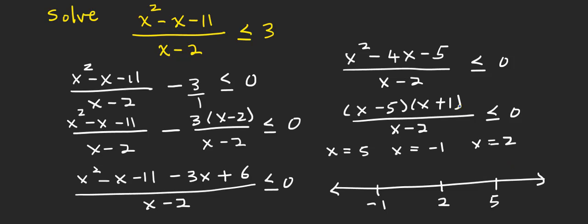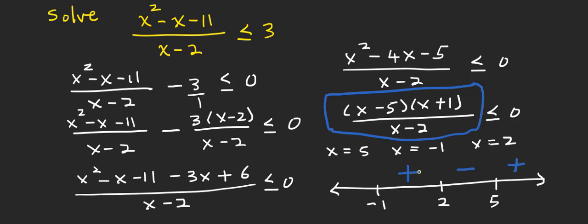So let's choose our test values and plug in. Let's choose 10, plug it in: positive, positive, positive. So you get positive. What about here? Choose 3: negative, positive, positive. So you get negative. Choose 0: negative, positive, negative.